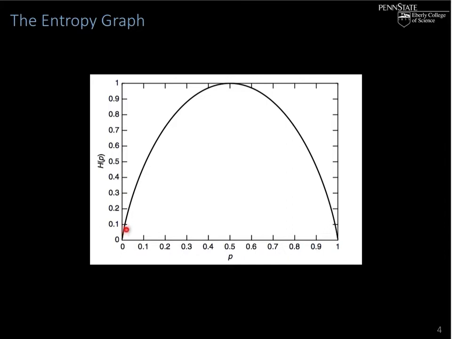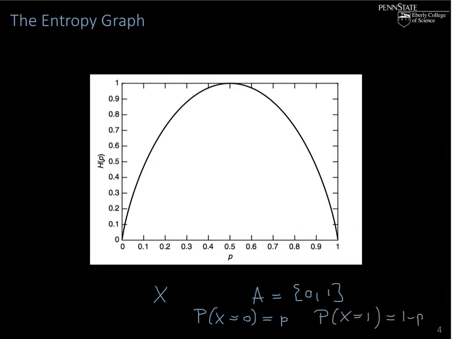This is the graph of the entropy function for a binary random variable with probabilities p and 1 minus p. So here we have X takes values in 0, 1, and let's say P(X = 0) is p, and P(X = 1) is 1 minus p.